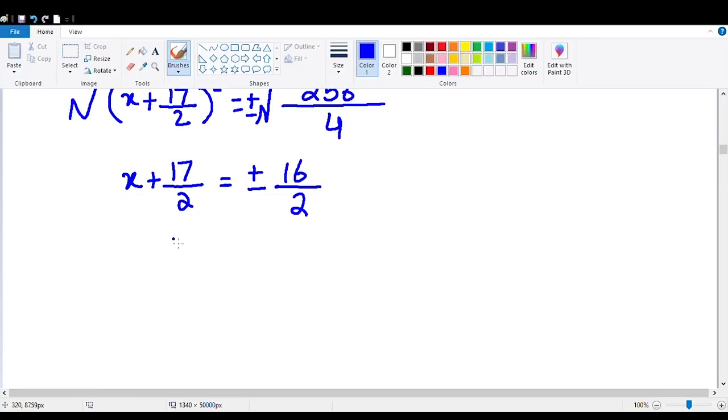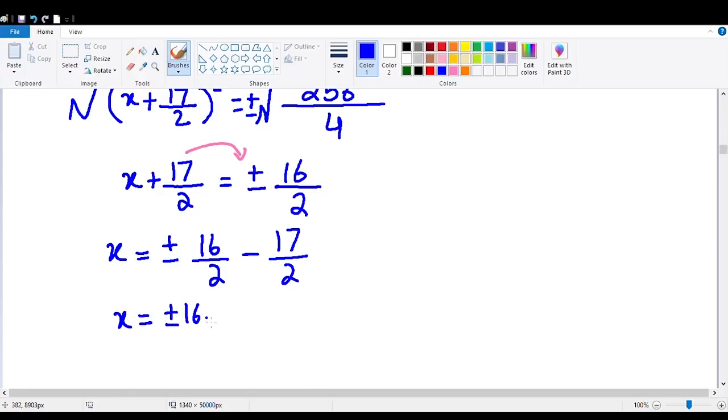And when we send 17 over 2 to the other side, its sign will change. It will become minus 17 over 2. So x will equal plus minus 16 over 2 minus 17 over 2. And we can write this as x equals plus minus 16 minus 17 over 2 because their denominators are the same.